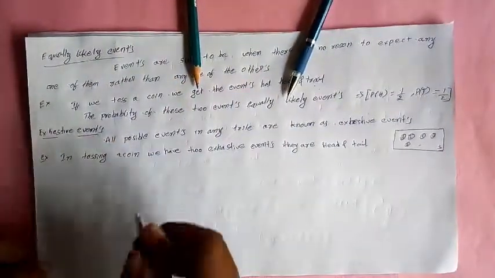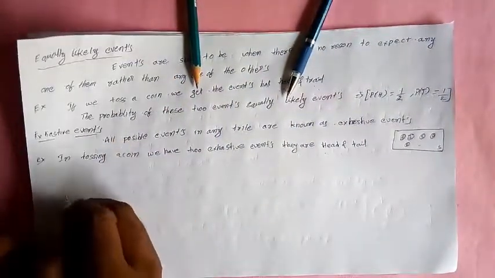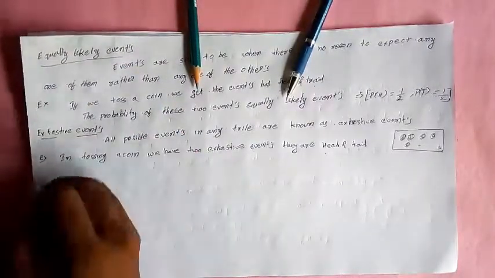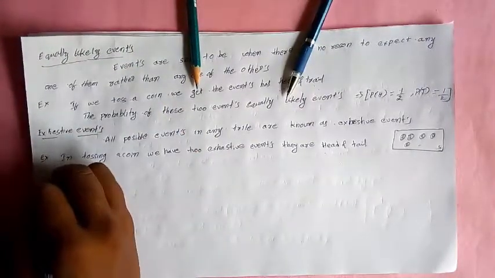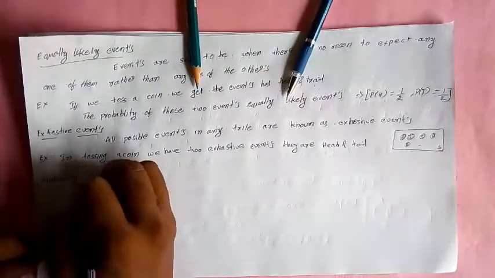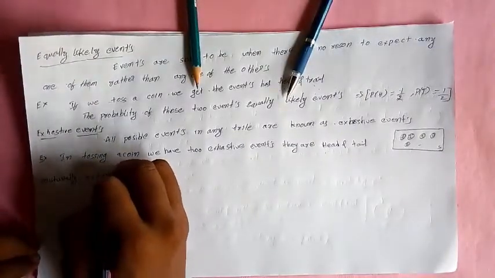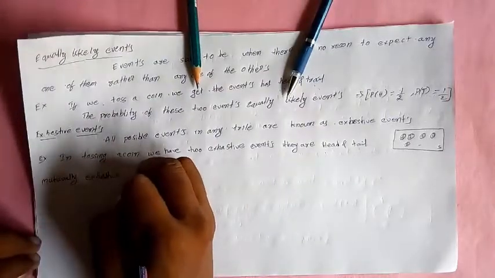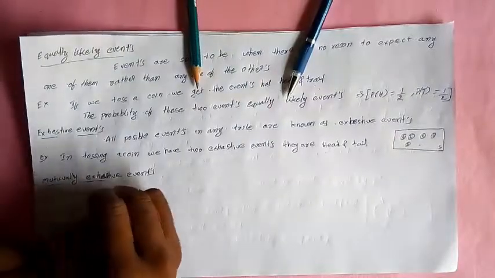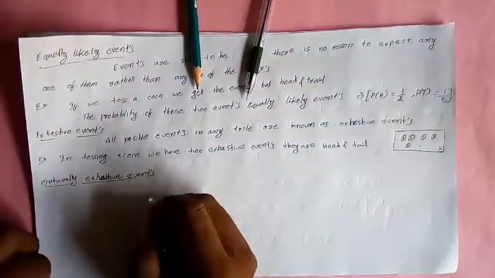And then next, mutually exclusive events. We have completed equally likely events and exhaustive events. Now we are going to the mutually exclusive events. First we have to write the definition.